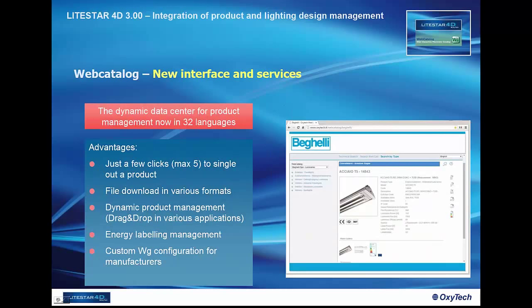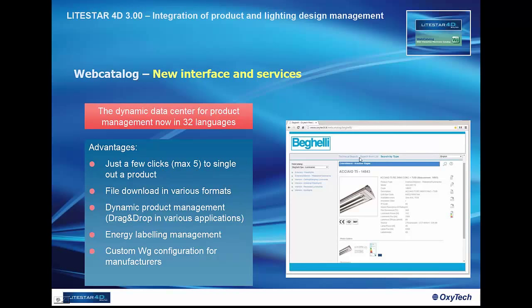Okay, let's come now to another main feature which is working pretty well, the web catalog. The web catalog can be considered a dynamic data center for product management. It means that it is a tool that we developed with the main goal of being very, very easy to manage, and reaching the product in very few clicks, maximum 5 clicks.